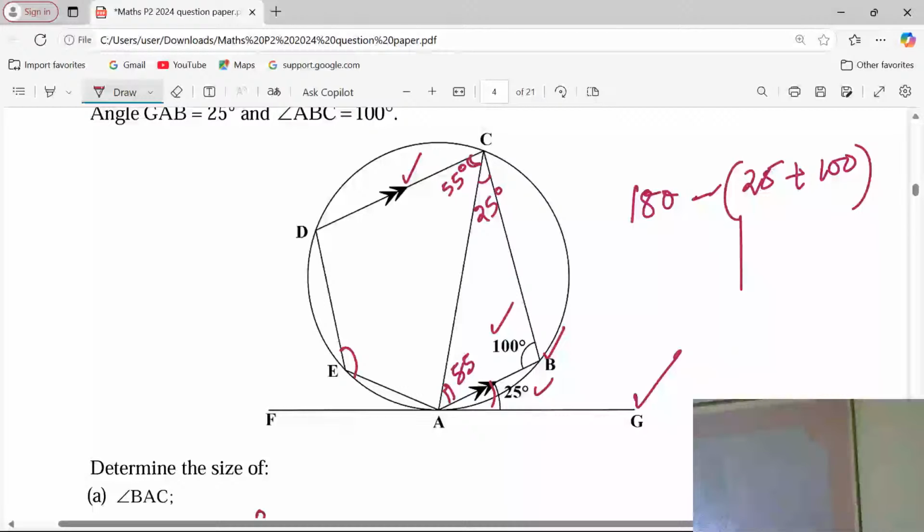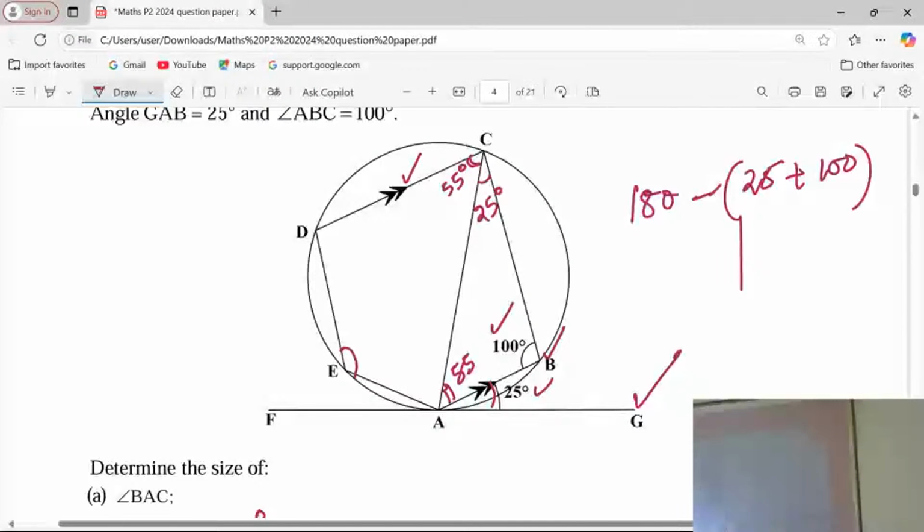Now we shall apply another principle here. We usually say that if a four-sided figure has its vertices touching the circumference of a circle, then we call it a cyclic quadrilateral.